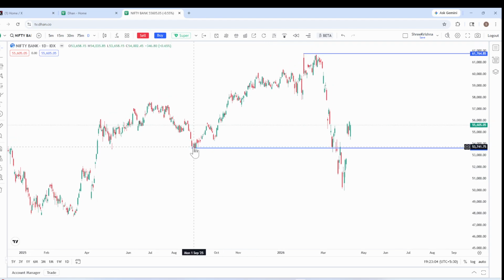This is a trend pivotal point. When we call this a trend pivotal point, it means it has a 1, 2, 3, 4, and 5. So this has got a 1, 2, 3 expanding 4, and this is the fifth wave.